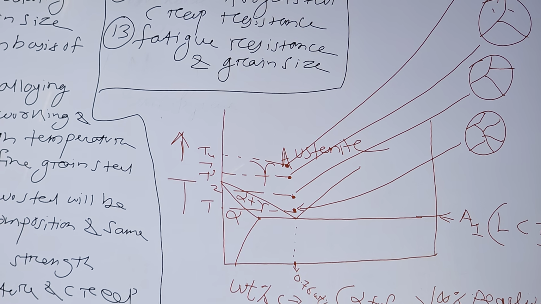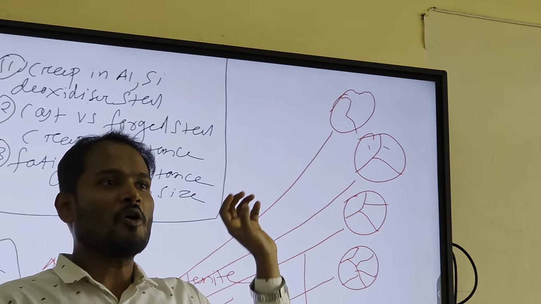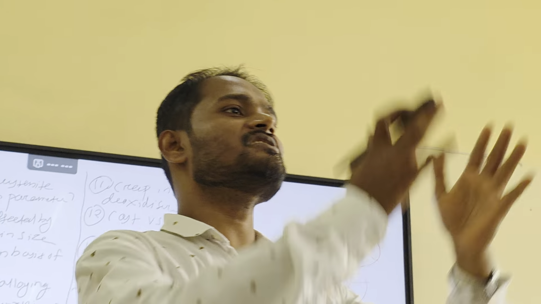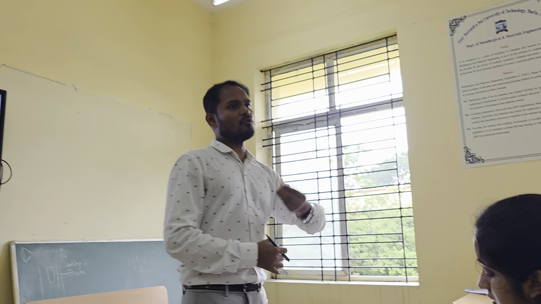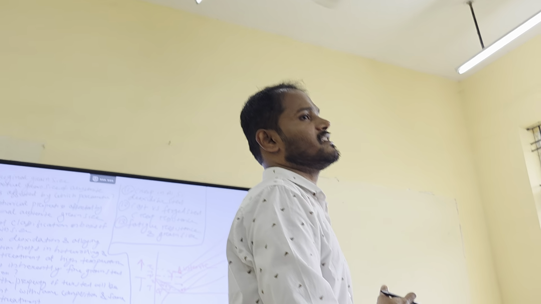So how is this getting affected? Because of the size of these grains. So larger is the size of the austenite grain, larger is the size of the product grain also. In other way, smaller is the size of the austenite grain, smaller is the size of the product grain. So whatever product grain will form, that size is actually affected by this austenite grain size.